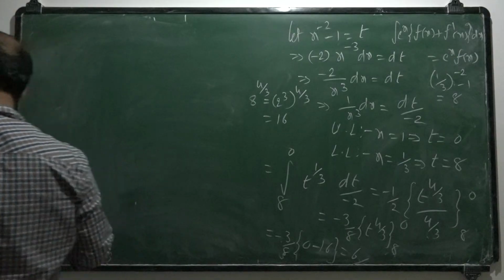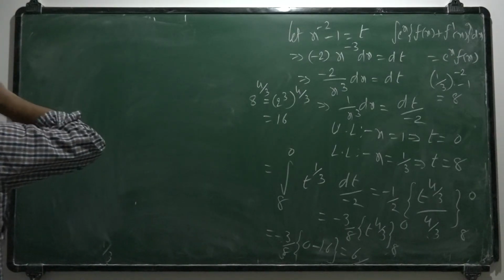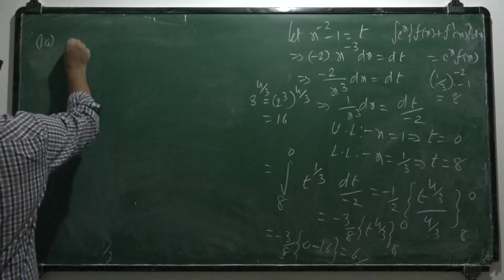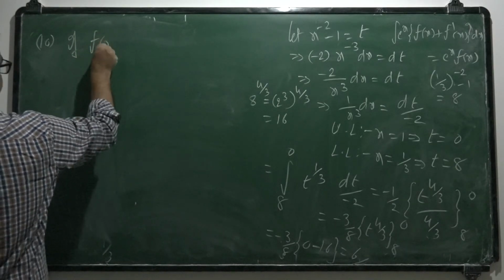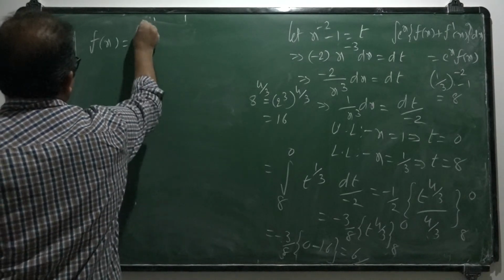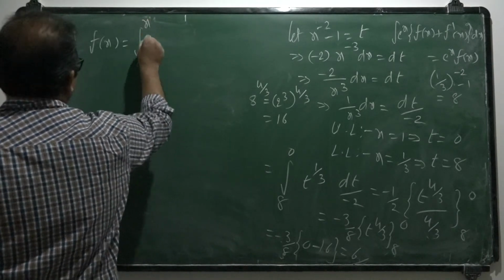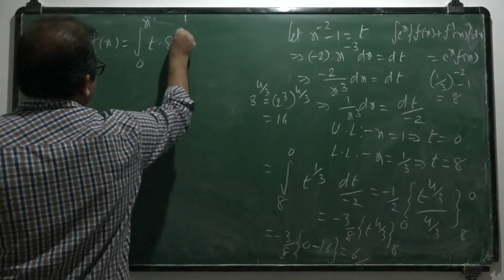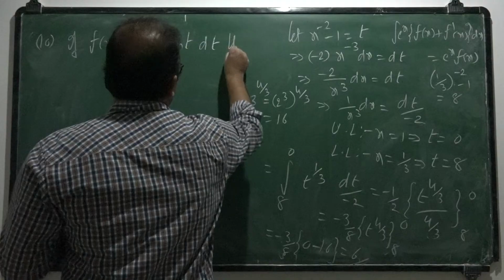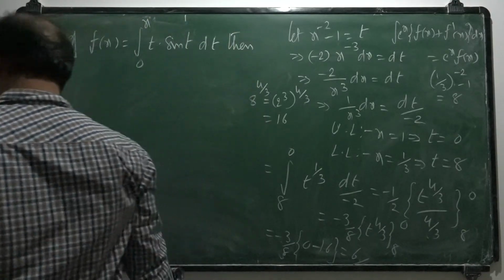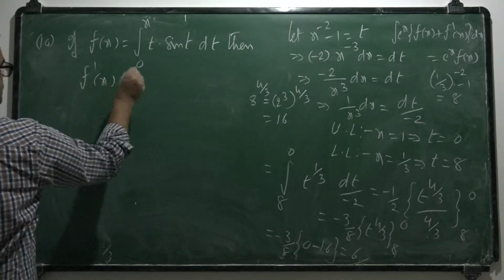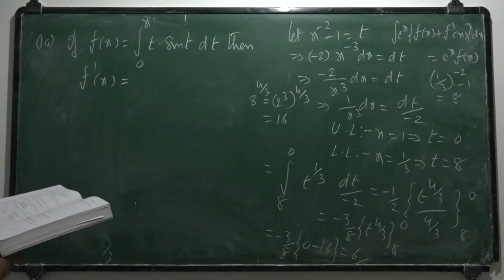Next, the last problem in this exercise, 10th one. If f of x is equal to integral 0 to x t into sin t into dt, then f dash x is equal to, then find the value of f dash x.